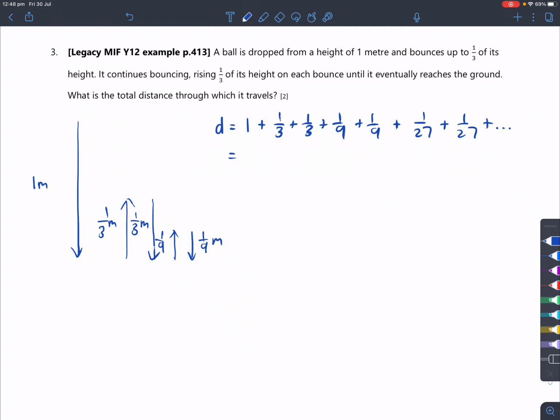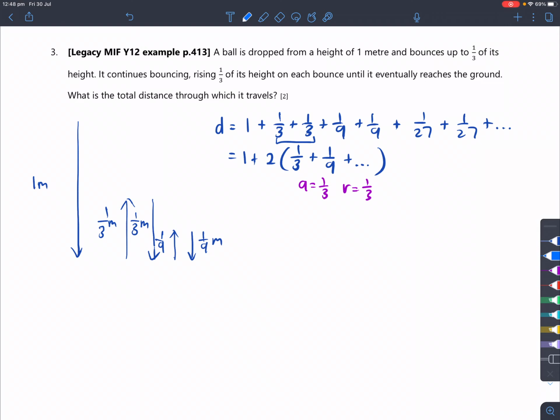Now, that will be 1 plus 2 lots of a third, because there's 2 of them, then 2 lots of 1/9, and so forth. So you can see that this is going to be a limiting sum because A is 1/3 and R is 1/3. And you know that it's going to keep going up and down and up and down all the time. All right?